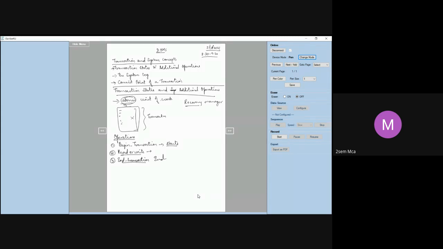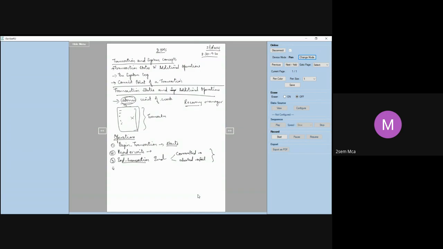That means once the transaction has ended, is the transaction committed or is it aborted? Committed means you are recording the changes permanently in the database. If you are not committing, it may get aborted also. Aborted means the transaction may fail at some point of time. So these changes also we need to keep track of.